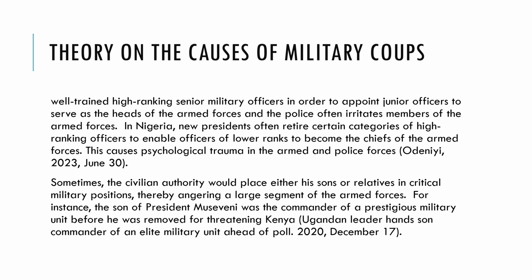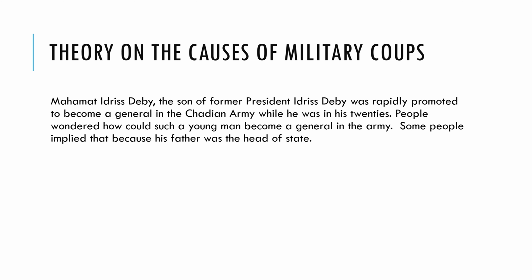For instance, the son of President Museveni was the commander of a prestigious military unit before he was removed for threatening Kenya. Muhammad Idris Deby, the son of former President Idris Deby, was rapidly promoted to become a general in the Chadian army while he was in his 20s.